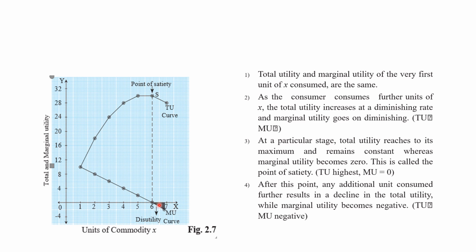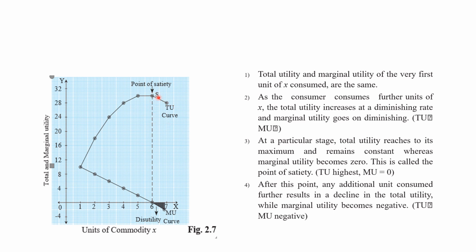It gives a negative effect to my body. I may vomit after consuming that Pepsi. That is negative. After this point, any additional unit consumed results in a decline in total utility, while marginal utility becomes negative, because at this level I came to know I can't have any more.